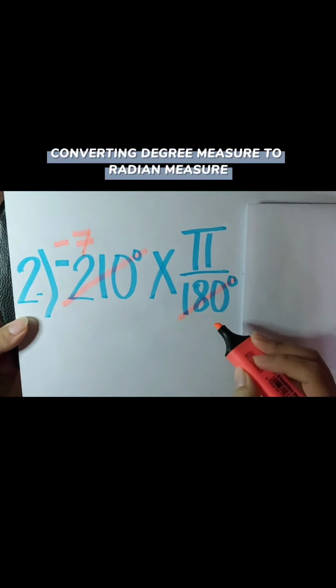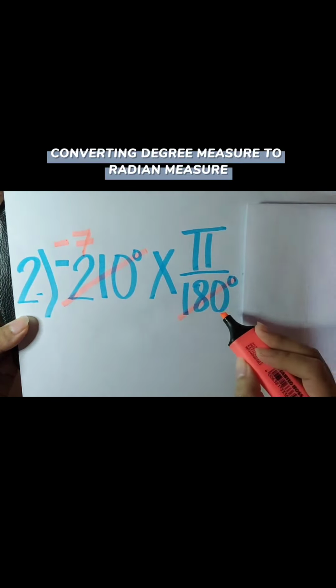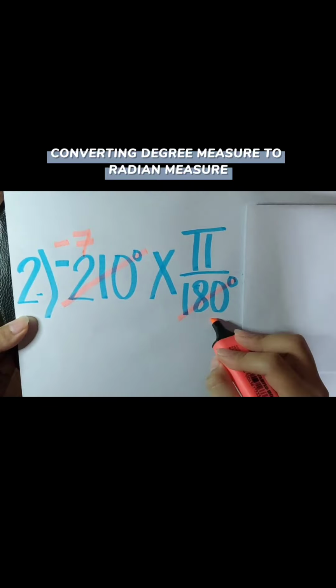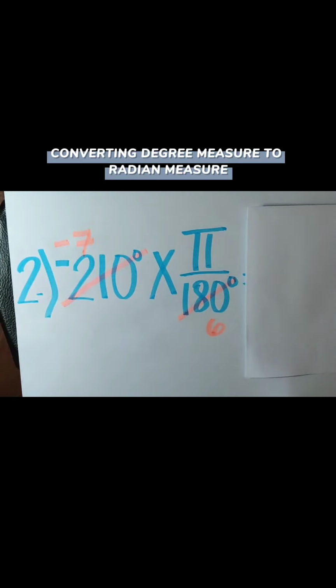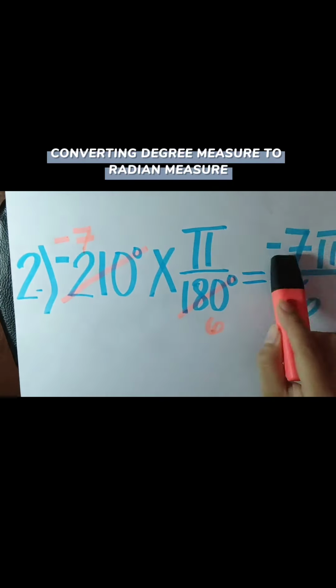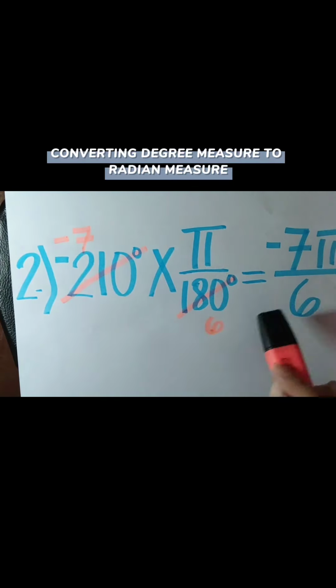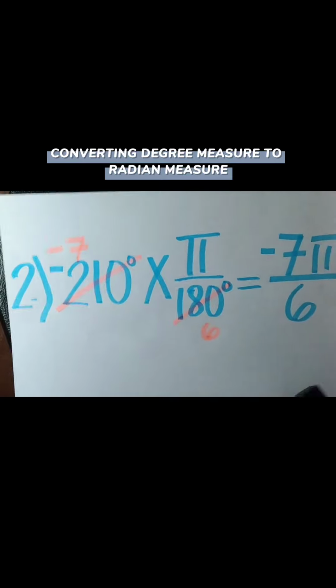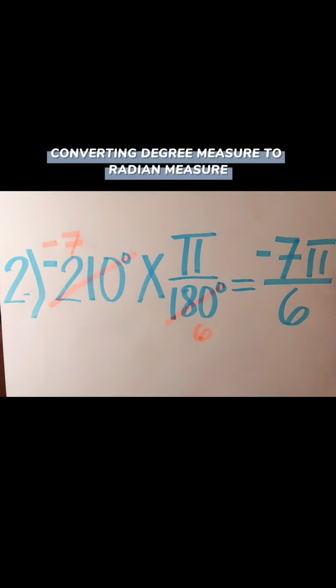And then 180 degrees divided by 30 is equal to 6. So we copy the left, negative 7 coming from here, and then pi, and 6 in the denominator. So our answer will be negative 7 pi over 6.